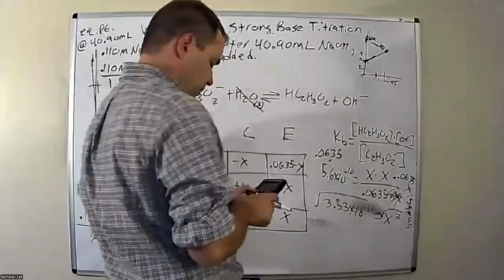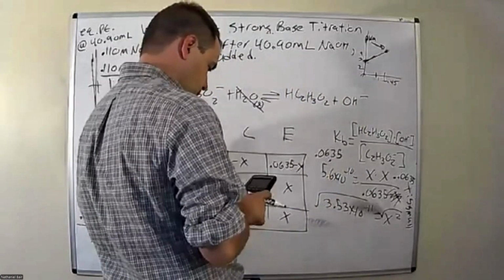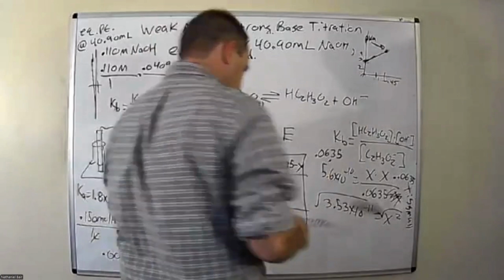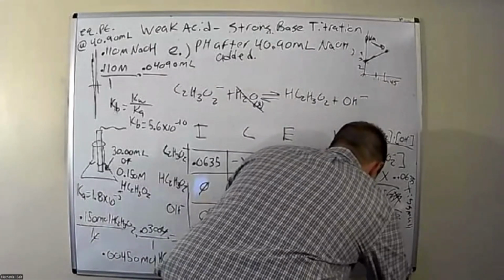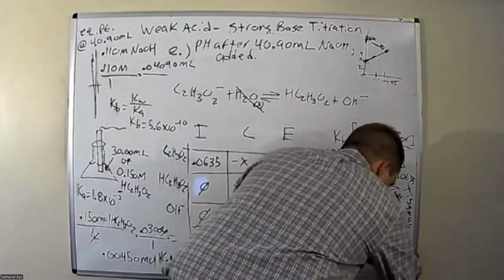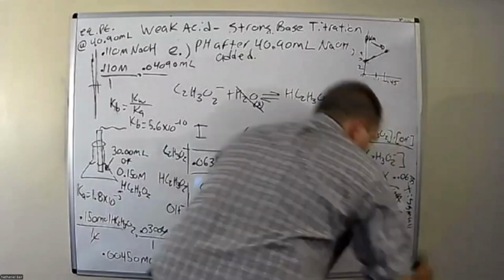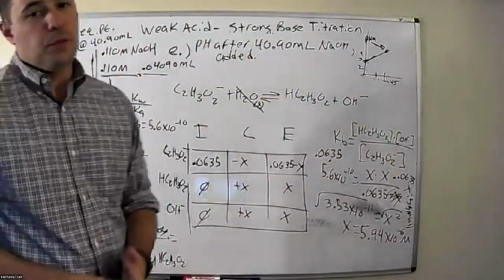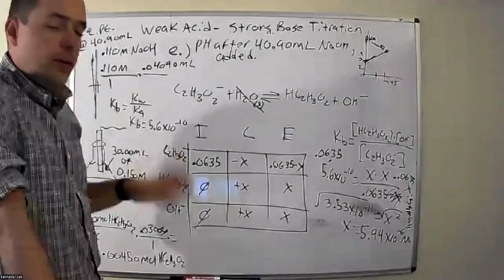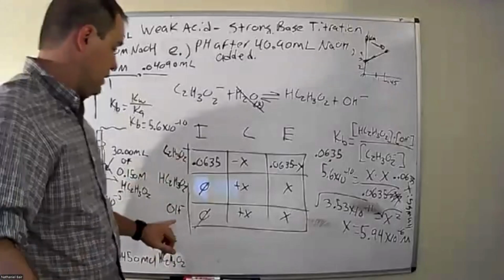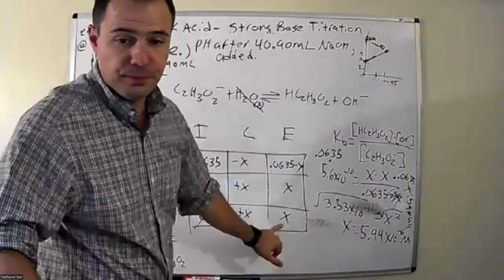Take the square root. X equals 5.94 times 10 to the negative 6 molar. Let's pause there. We're almost done. What did we just get? We just got the hydroxide ion concentration.